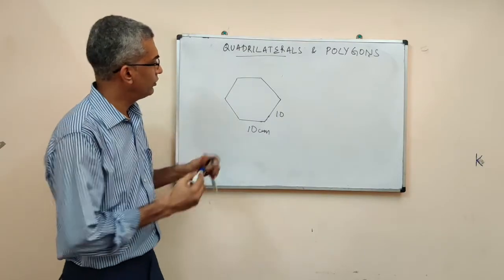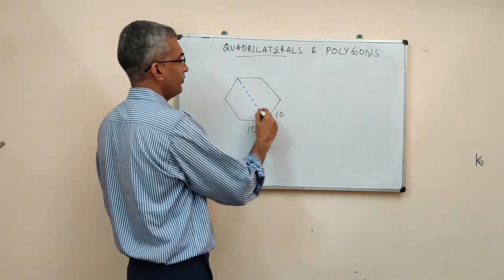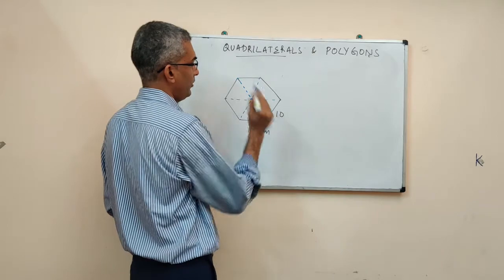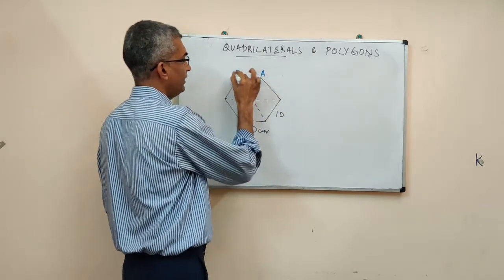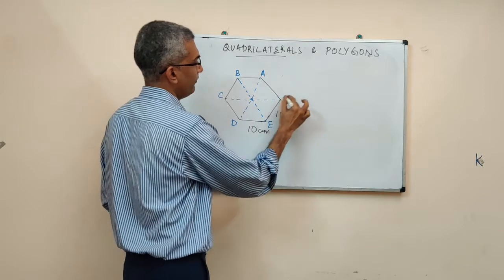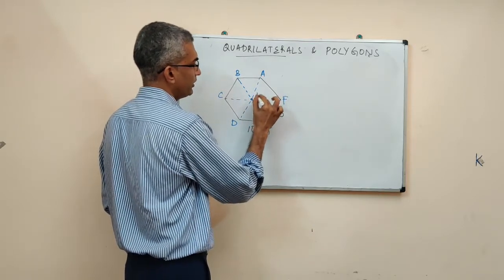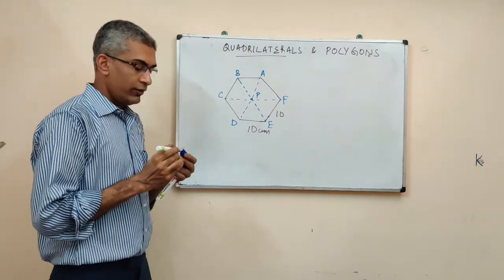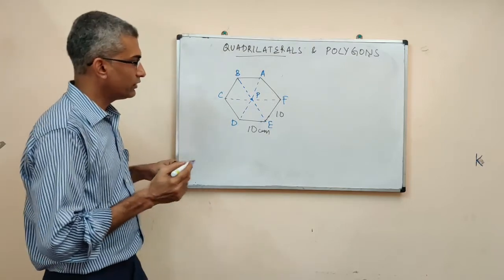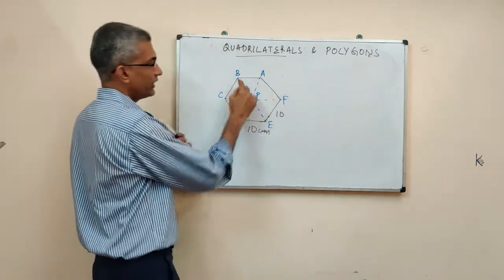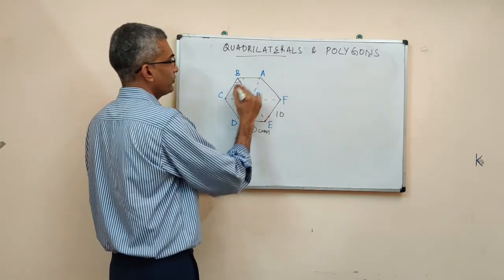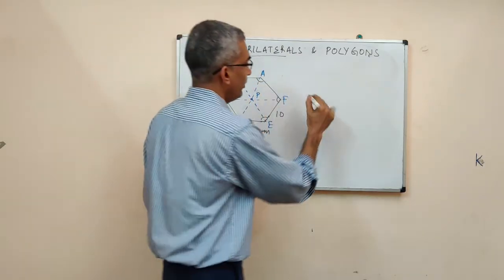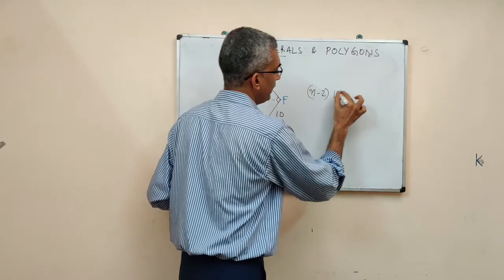Let us draw the diagonals. Let me name this as A, B, C, D, E, F, and let me call the center point as P. We saw that in a regular hexagon, the sum of the internal angles, that is angle A plus angle B plus angle C, D, E, F, all of them added together will be n minus 2 into 180.